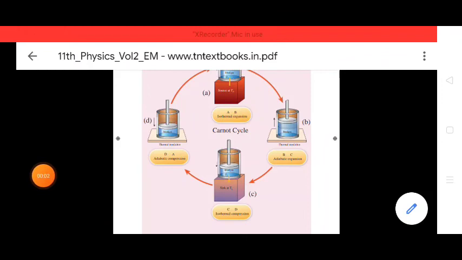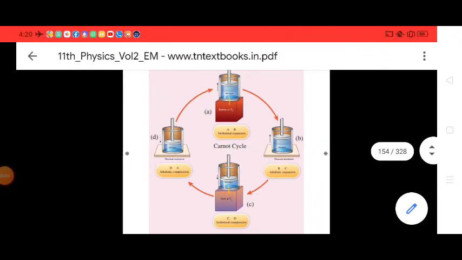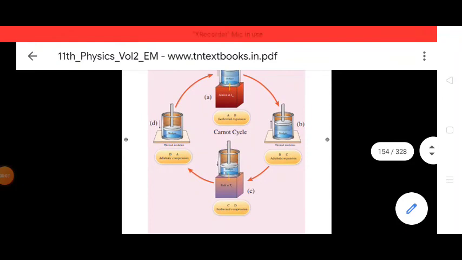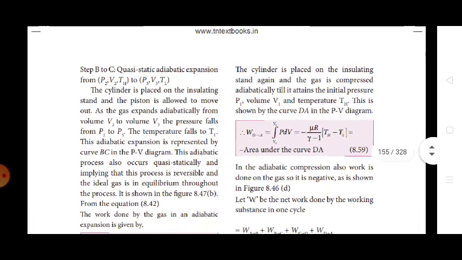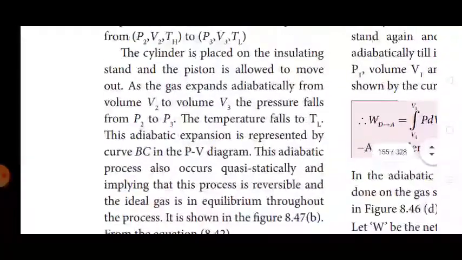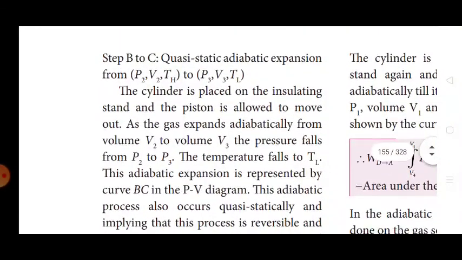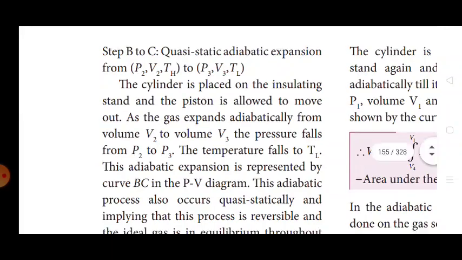This shows the Carnot engine cycle A, B, C and D. Step B to C, quasi-static adiabatic expansion from P2, V2, TH to P3, V3, TL.